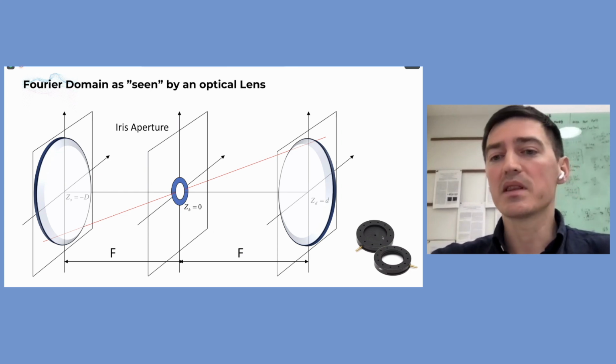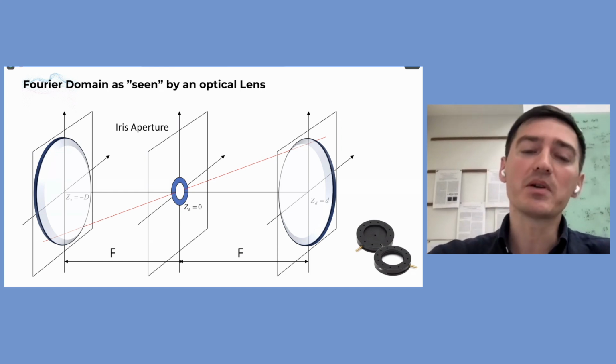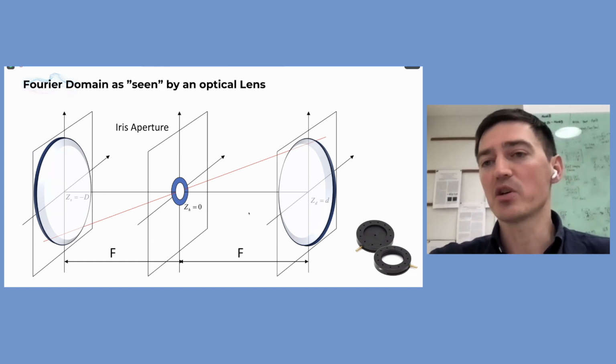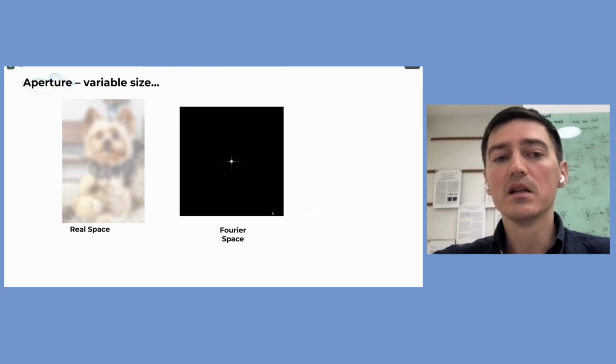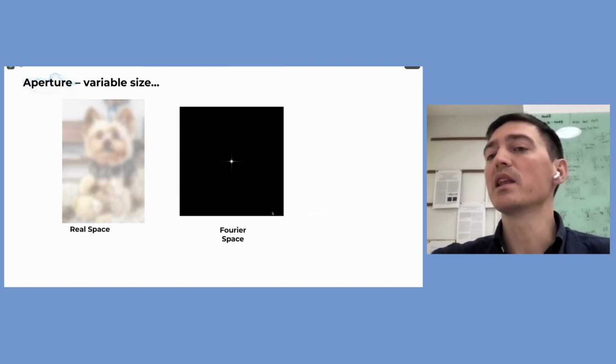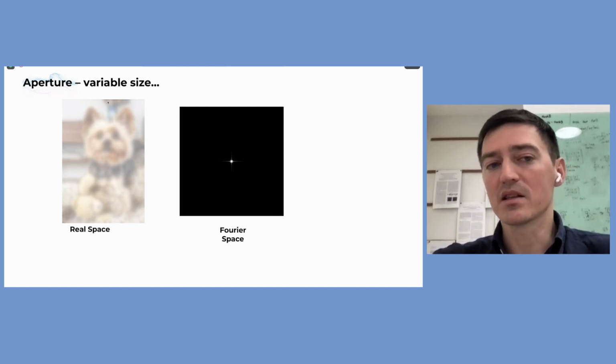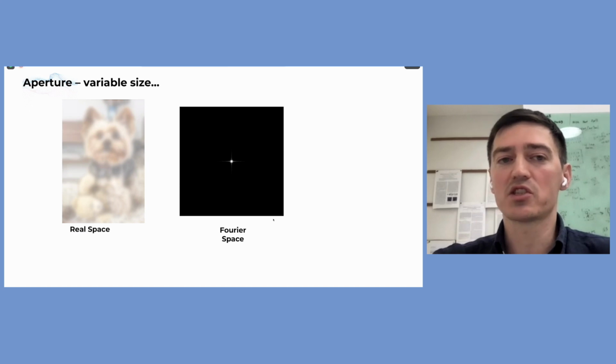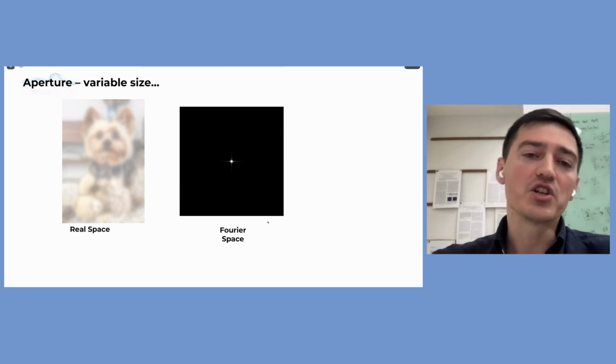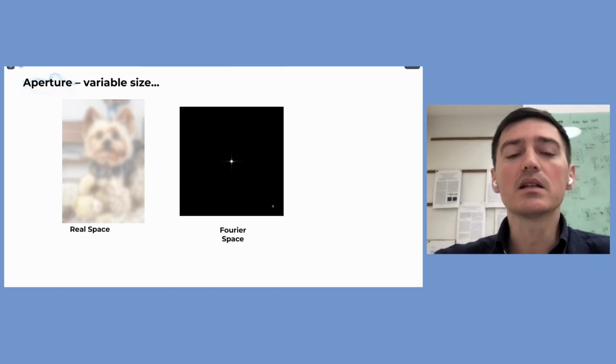So if you play with this aperture, because you know that cameras also contain those apertures, if you play with the aperture placed in the Fourier domain, you can visualize what you can also simulate digitally. Digitally, you can close that aperture, and this is a schematically shown representation where the image becomes very low quality, and sometimes you can't even discern what the object is, right?